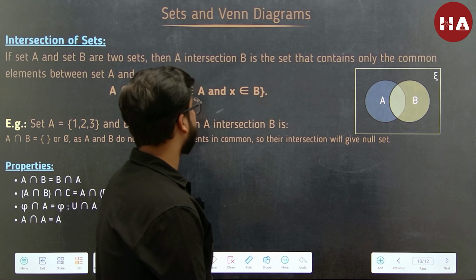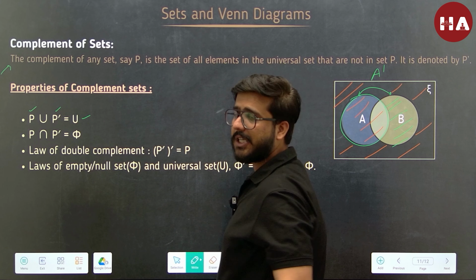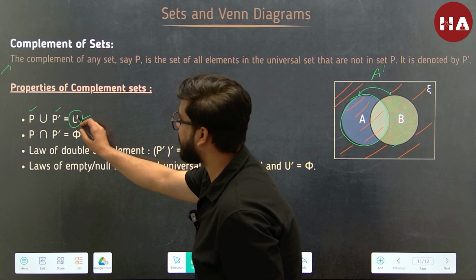Okay, now you can see there are some properties. The union of the complement and the set will always be the universal set. So not of P and P together form the universal set. Now the intersection of P and not of P. Let's take an example: there is a set P with 1, 2 and 3, and P dash, which also has 3 elements, 4, 5 and 6.